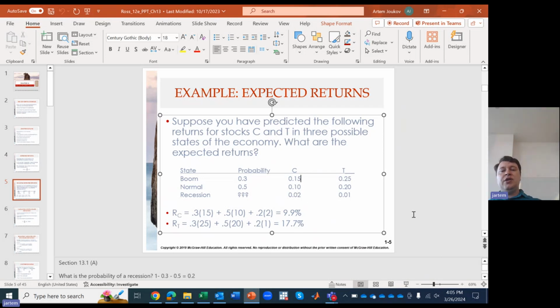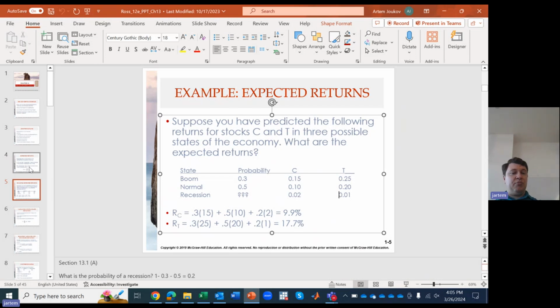Okay, so in a state where the economy is booming, you have a return of 15% for stock C and a return of 25% for stock T. In the normal state, you've got a return of 10% for stock C and 20% for stock T. And in a recession, they barely return anything at all. So stock C returns 2% and stock T returns 1%.